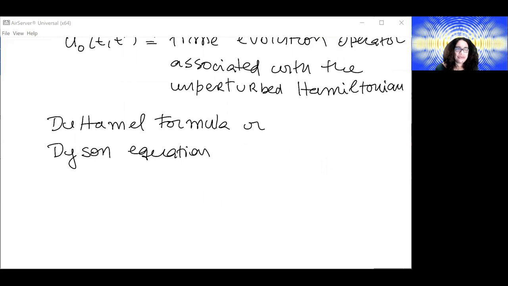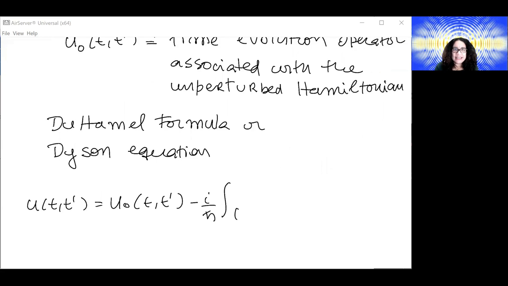And what you do is you write U(t, t dash) is equal to U0(t, t dash) minus i over h bar, integral from t dash to t, U naught(t, t double dash). Here you have H int.